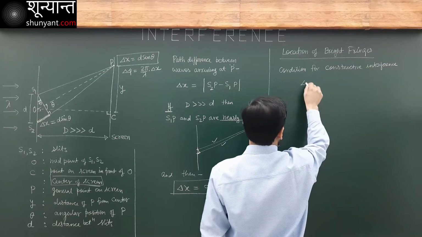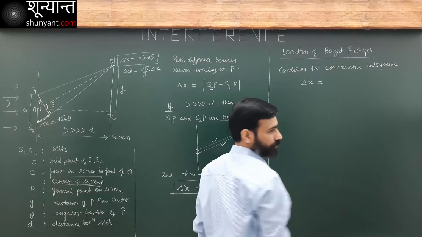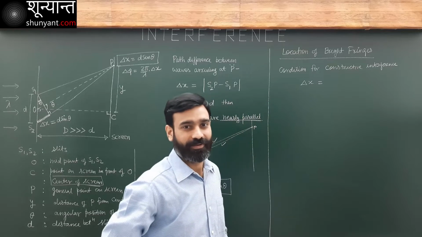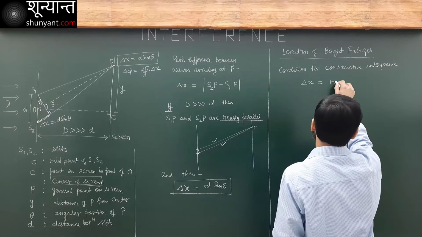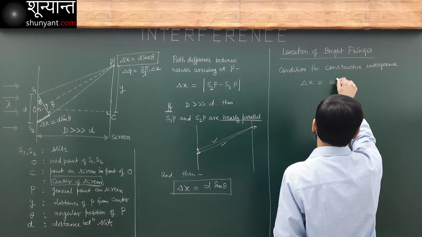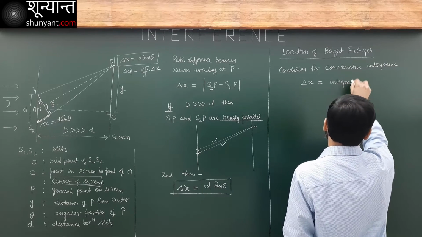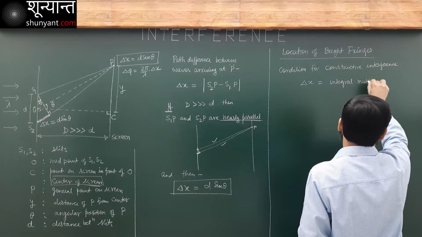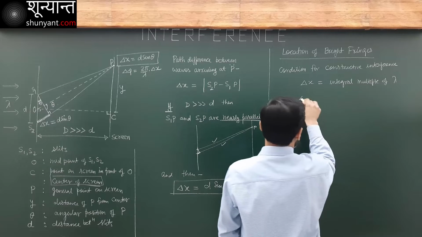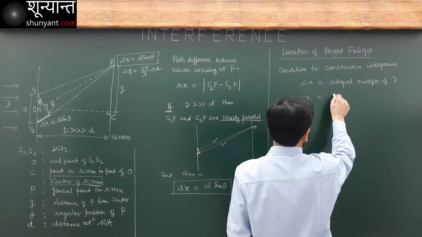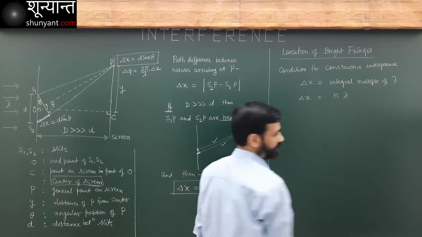Delta x should be equal to an integral multiple of lambda. So delta x is equal to n lambda.